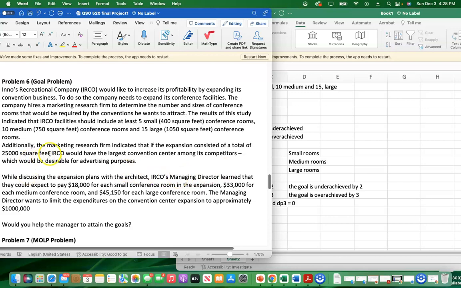And you can see here we're talking of square feet. For the small rooms, we have 400 square feet. Medium, we have 750 square feet. And large conference rooms, we have 1050 square feet. So we can add the constraint as follows.